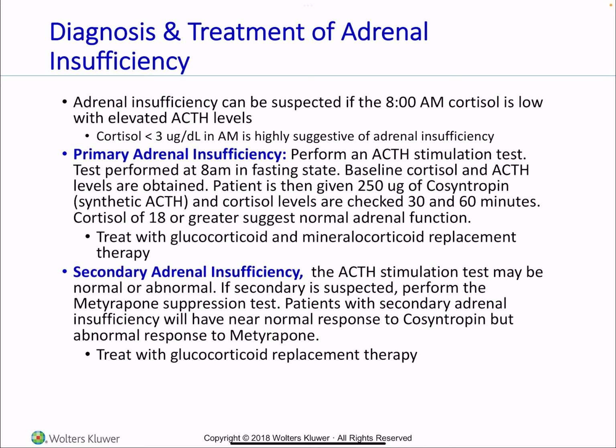Patients with secondary adrenal insufficiency will have a near normal response to cosyntropin, but an abnormal response to metyrapone tests. When it's confirmed that they do have secondary adrenal insufficiency, the treatment is glucocorticoid replacement therapy.